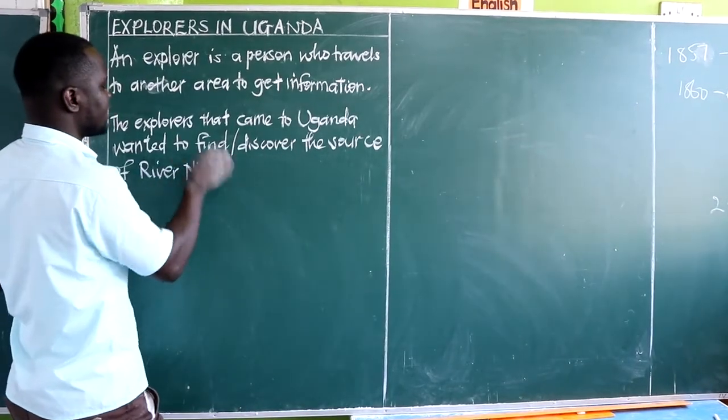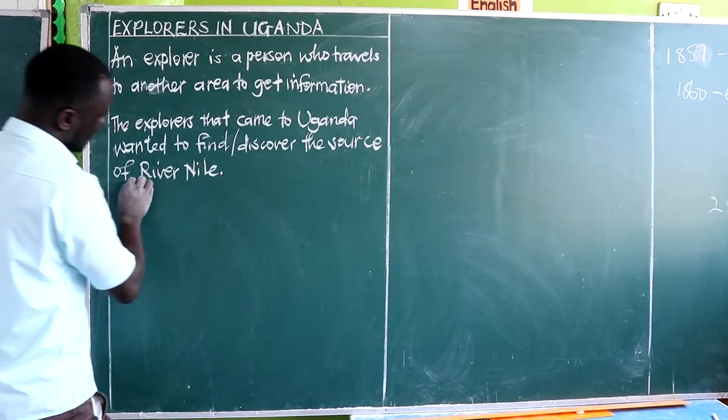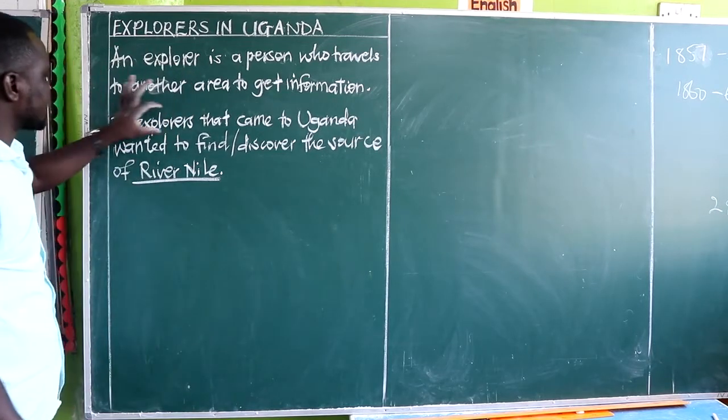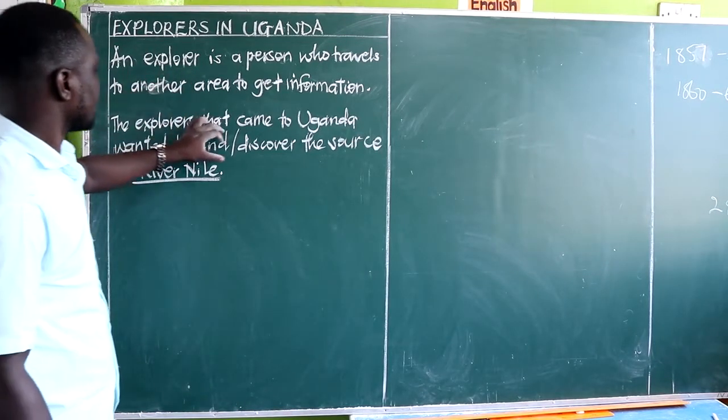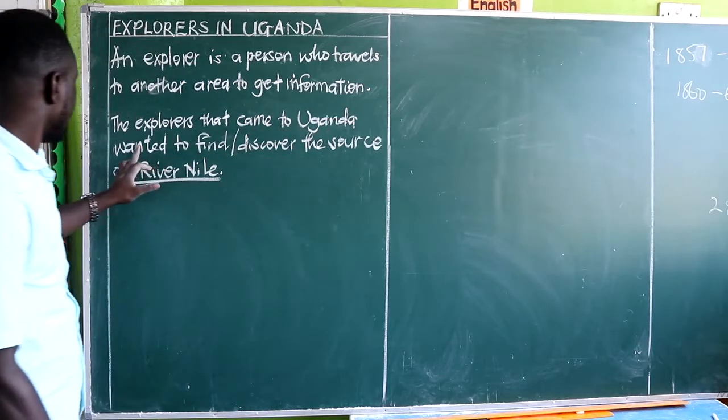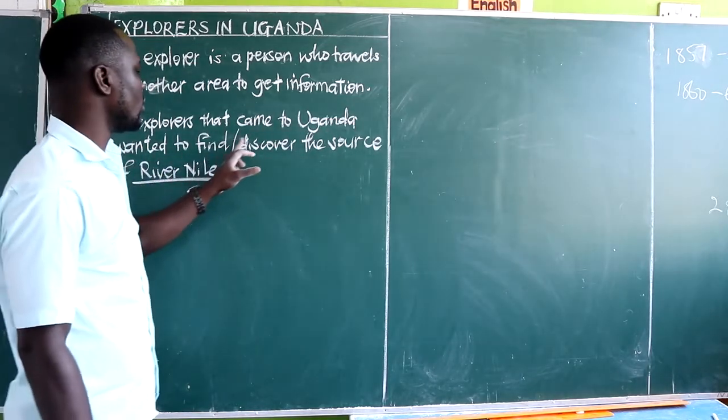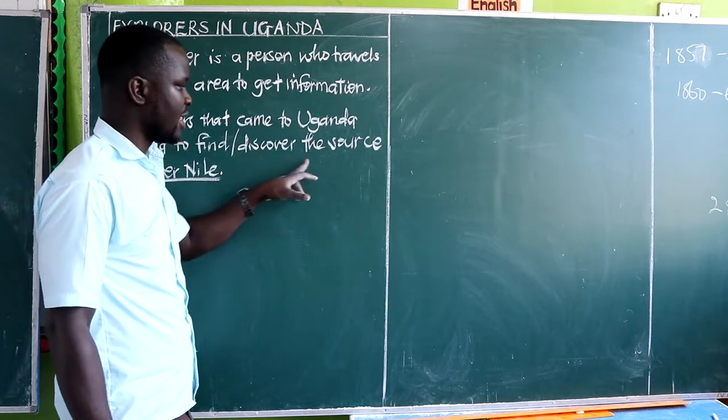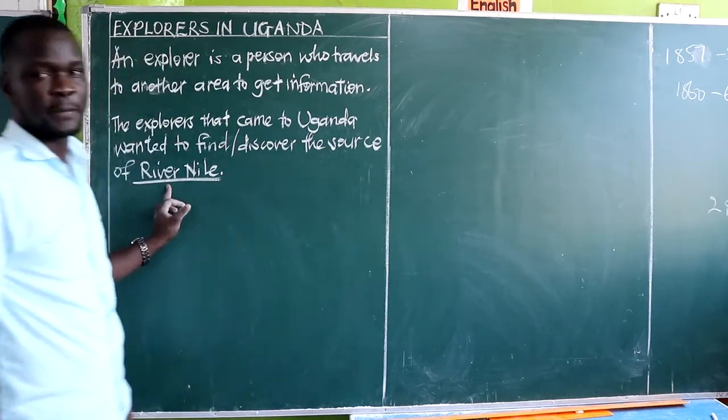This is a very serious note for us to understand. The explorers that came to Uganda wanted to find, or they wanted to discover the source of River Nile.